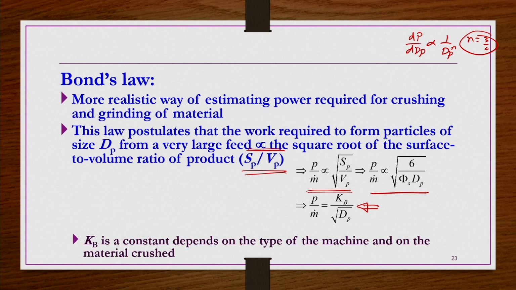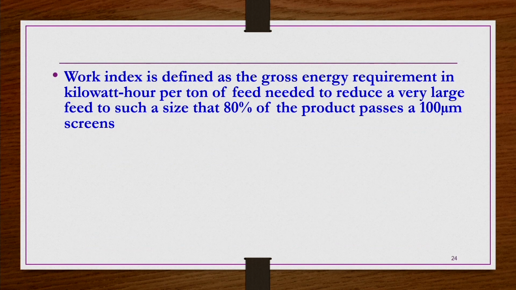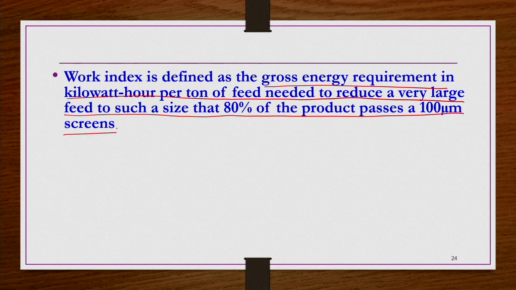Okay. So, this is the Bond's law, but we are going to use the same Bond's law in a different form. For that we need to define a work index. Work index is defined as the gross energy requirement in kilowatt hour per ton of feed needed to reduce a very large feed to such a size that 80% of the product passes a 100 micron screen.